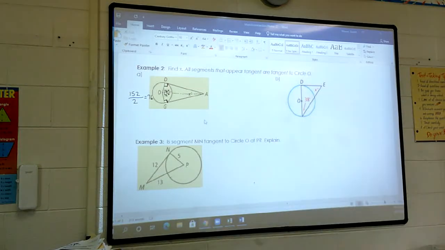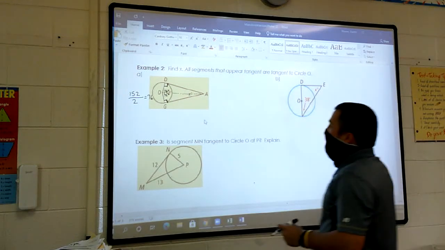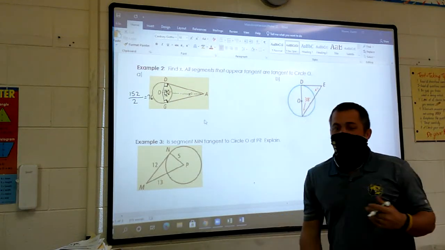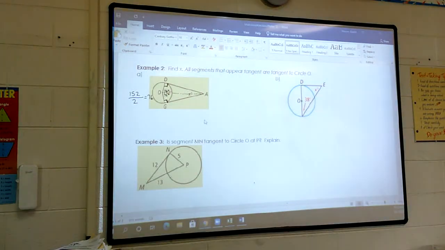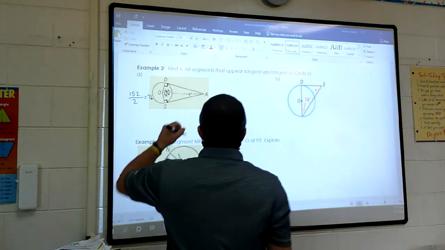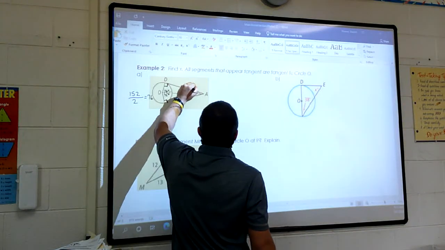They all 3 have to add up to 180, right? So if you know that one of them is 90 and the other one is 76, then you can find the one that's missing. So you subtract them from 180. So if we know that one of them is 90, one of them is 76, the last one is just going to be 14 right here.